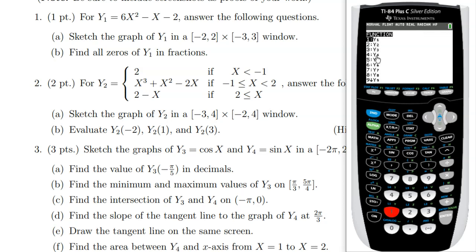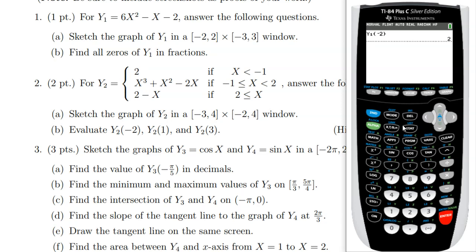We're supposed to use y2, but I'm using y1. Then all you have to do is plug in the value. We plug in -2, right parenthesis, and hit enter. So we got that. Since -2 is less than -1, it's going to return 2.